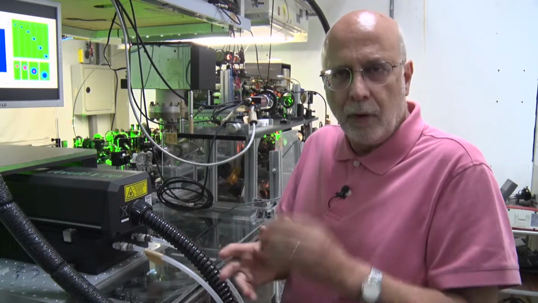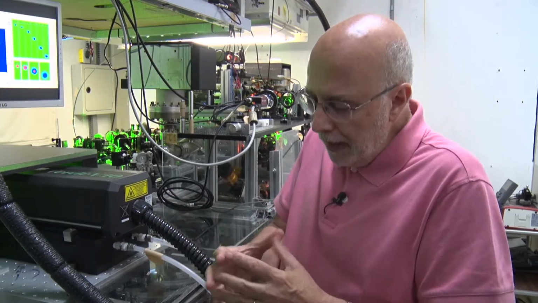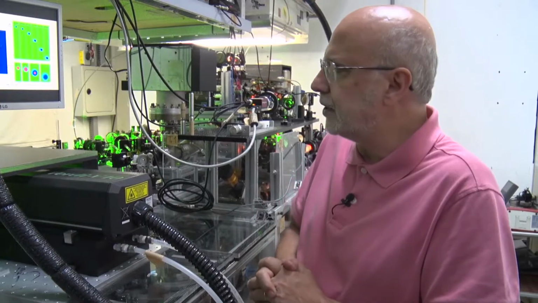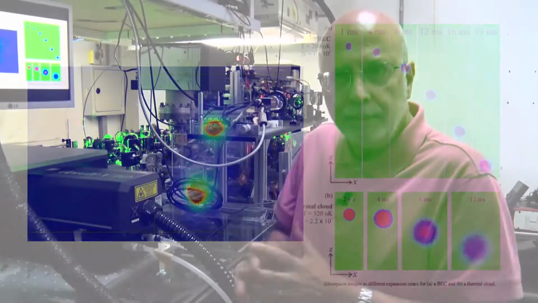By letting this cloud expand for a finite time, the ballistic motion of the atoms can reveal to us what actually was in there, in situ, which is normally very hard to see. During the expansion, because our trap is not fully isotropic, it normally has the shape of a cigar.